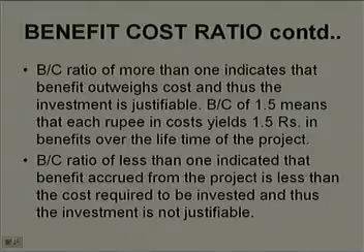If B by C ratio is exactly equal to 1, what does this mean? Benefit is just able to recover the cost. So, that we call B by C equal to 1. If B by C is less than 1, say for example, B by C is 0.85, that means for every $1 the government is spending, the benefit to the public is just $0.85 or 85 cents.